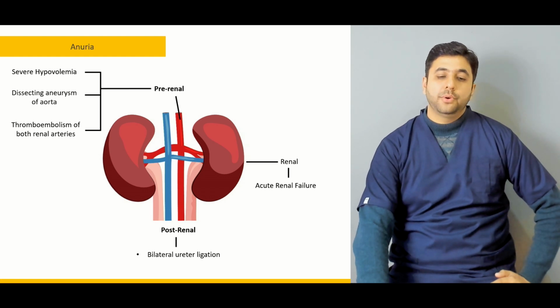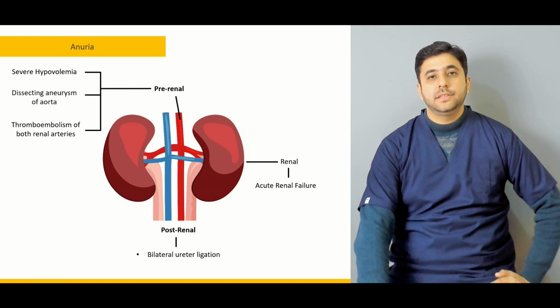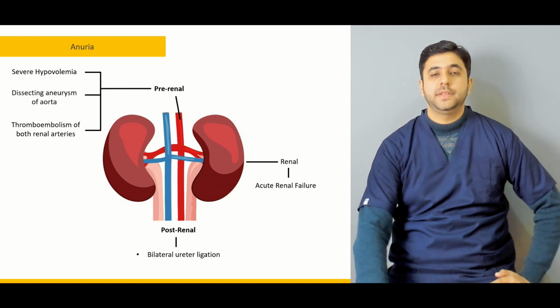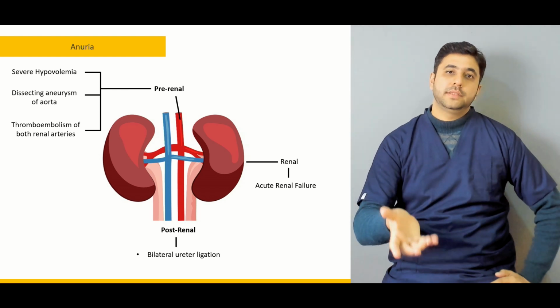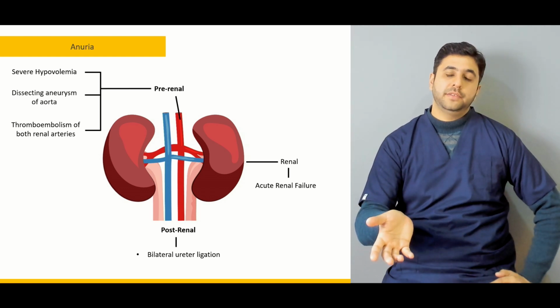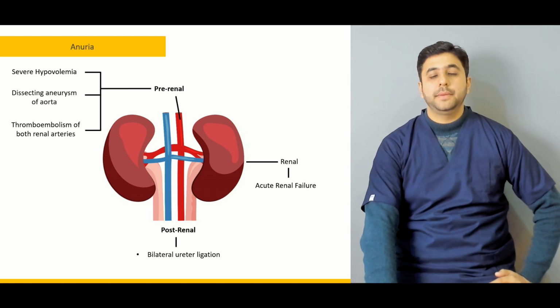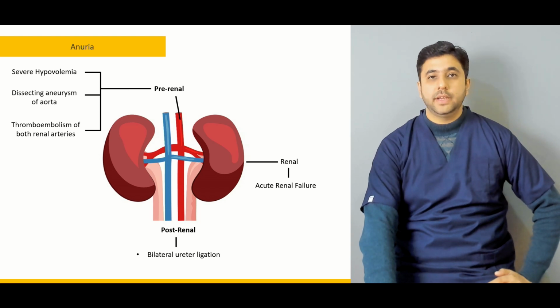And in the post-renal, again, if there is a bilateral ureteral obstruction because of some mass, for example, any malignancy here, bladder carcinoma, that can involve both ureters, that obstructs both ureteric tracts, or if there is some bladder outlet obstruction like BPH or cervical invasive carcinoma in the female population, that can present as post-renal azotemia, or eventually, if it goes on for a long time, it can present as anuria as well.